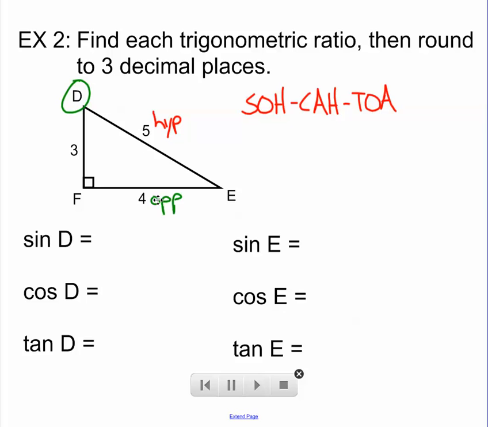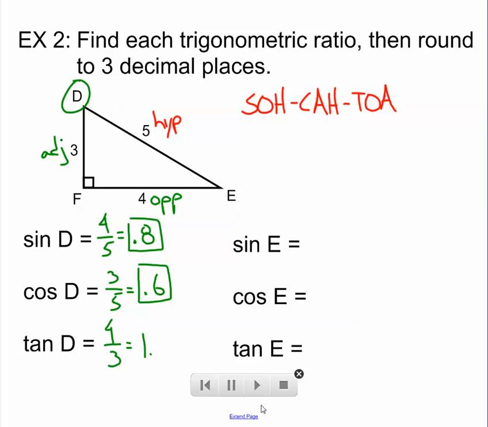For angle D, though, this side's the opposite side. This side's the adjacent side. So we're going to do opposite over hypotenuse, 4 over 5. And for cosine, adjacent over hypotenuse, 3 over 5. And for tangent, opposite over adjacent, 4 over 3.